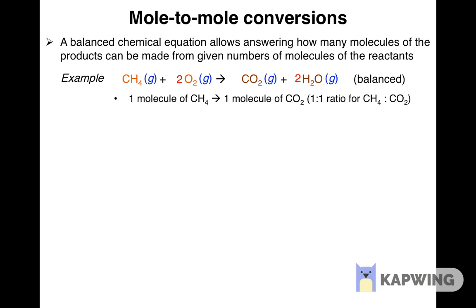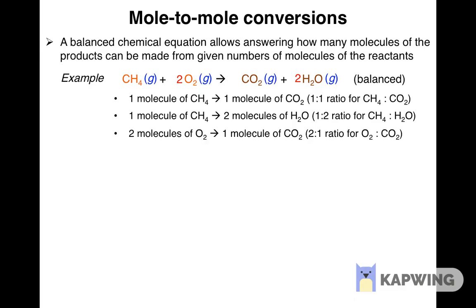In other words, there would always be 1 carbon dioxide molecule per methane molecule used, a 1-to-1 ratio of the numbers of methane to carbon dioxide molecules. There would also always be 2 water molecules made per methane molecule used, a 1-to-2 ratio of the numbers of methane to water molecules.